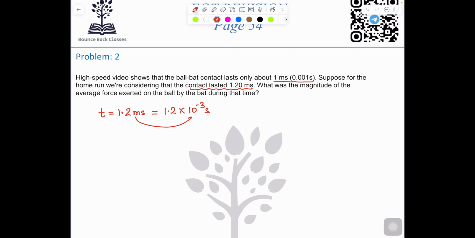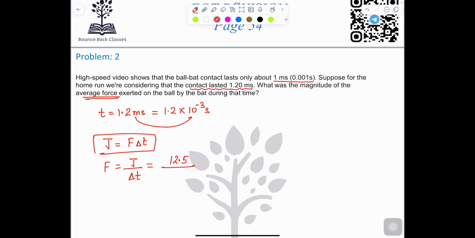Now what are we looking for? The magnitude of average force. I told you J is equal to F delta T. So F is J divided by delta T. J I already found, 12.5 in the previous part, and time is 1.2 times 10 raised to power negative 3. Solve it.